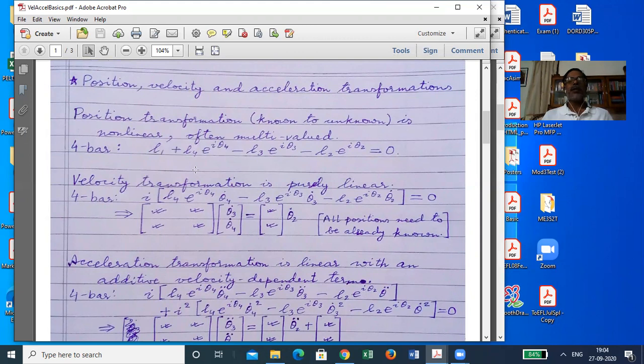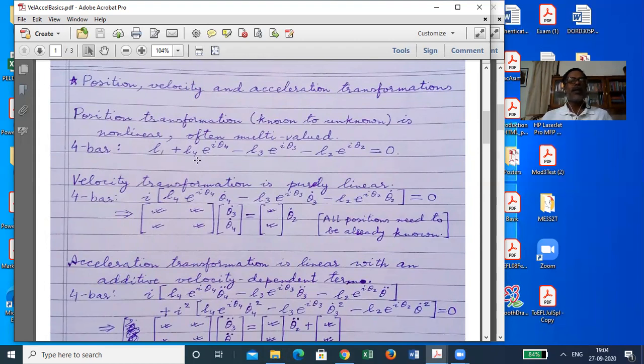Velocity transformation, on the other hand, is purely linear, with coefficients being independent of velocities, dependent only on the position coordinates. For example, if you differentiate this, then this is constant, so the derivative is 0.